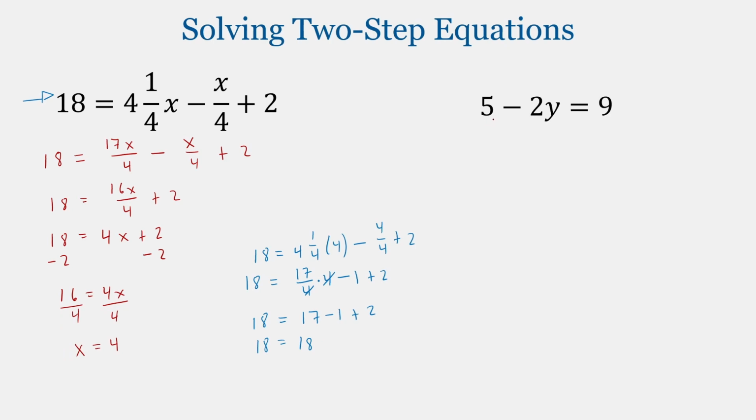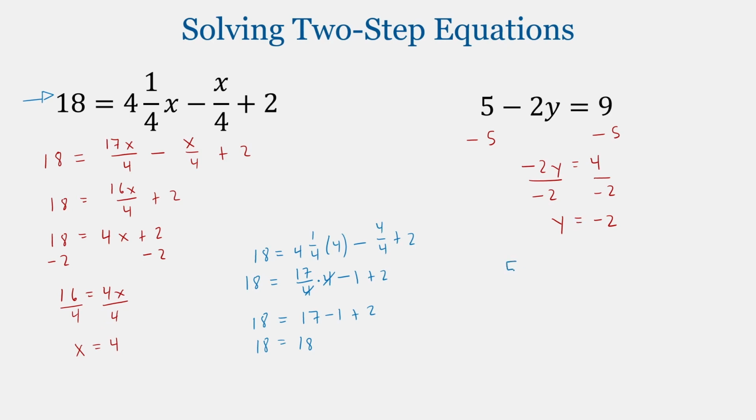And then finally, 5 minus 2y equal to 9. Subtracting 5 from both sides, that is negative 2y equal to 4. Then we divide both sides by negative 2. And we end up with y equal to negative 2.